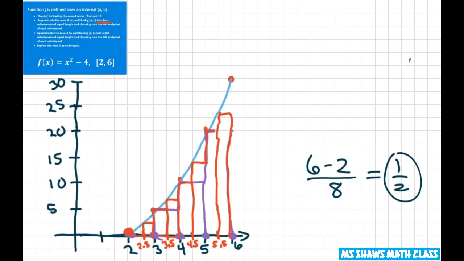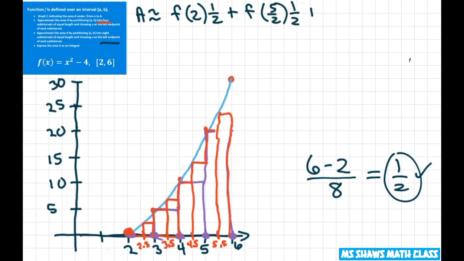So basically we're doing the same thing. They want the left endpoint. So we're starting with our area and we're approximating it. And that's going to be f of 2. And now we're multiplying by 1/2. Plus f of 5/2 times 1/2. Plus f of 3 times 1/2.